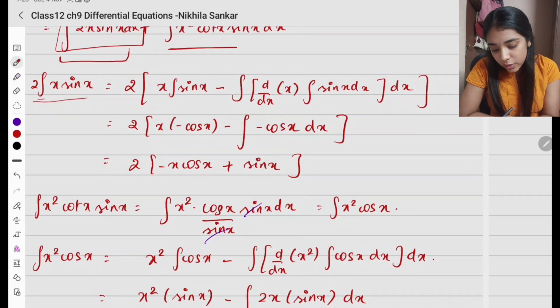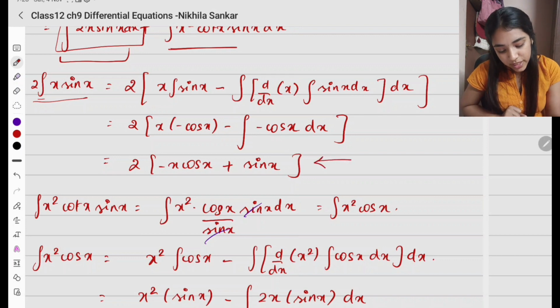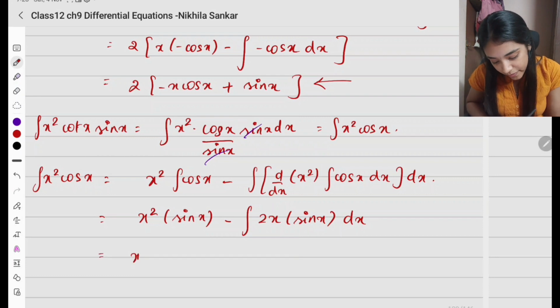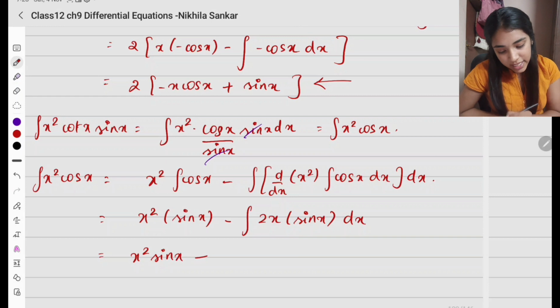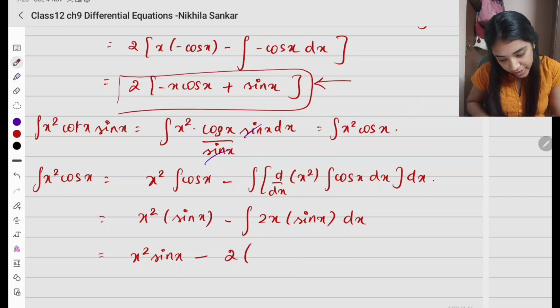In that, what did we find out? We already found out the integration of 2x sin x, so it is going to be this particular term. Let me simply substitute that. So what do I have? x square sin x minus this whole term, 2 times minus x cos x plus sin x.